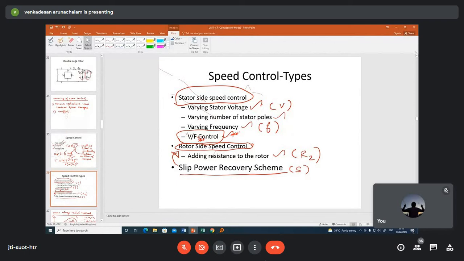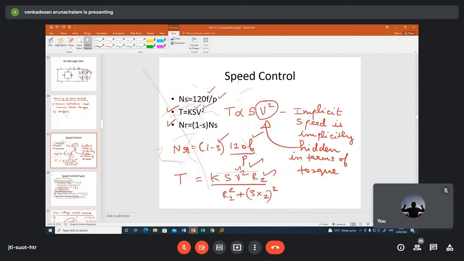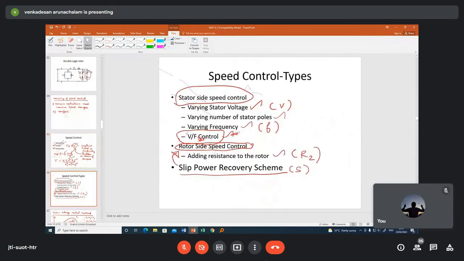So in the stator side speed control method, the first method is if you vary the stator voltage or if you vary the supply voltage, which is nothing but stator voltage. So if you vary the stator voltage, speed can be varied. That we can understand from the torque equation. Torque is proportional to S into V squared.